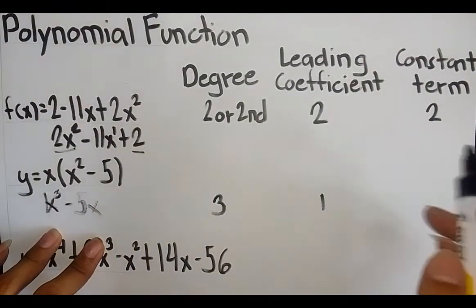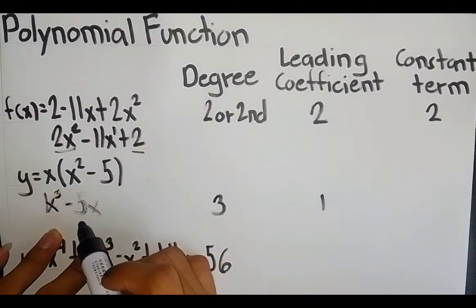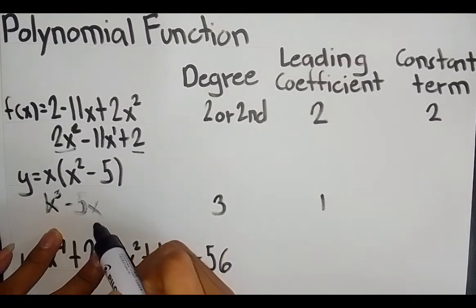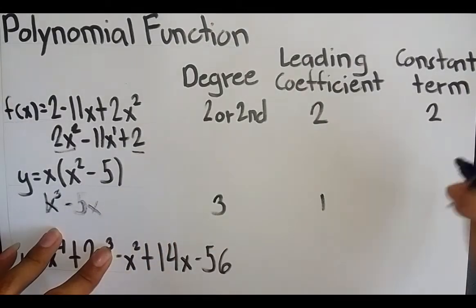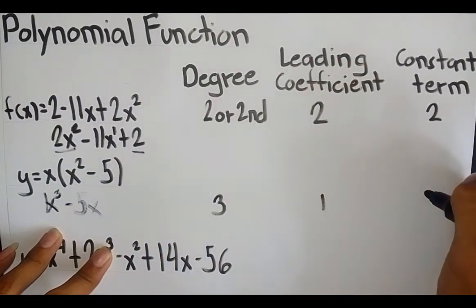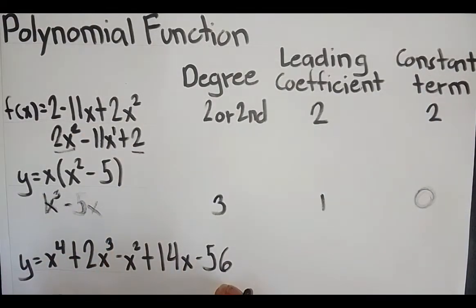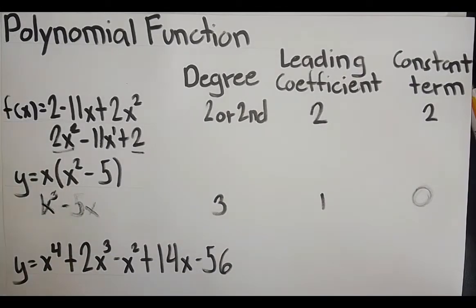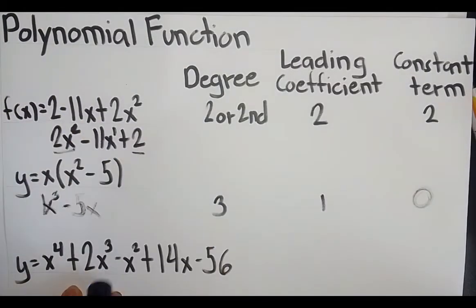And then for our constant term naman, nakikita niyo naman wala tayong number lang na walang variable. So wala tayong constant term. So ang ating ilalagay lang dito is 0. And then let's proceed to our third example of this polynomial function.